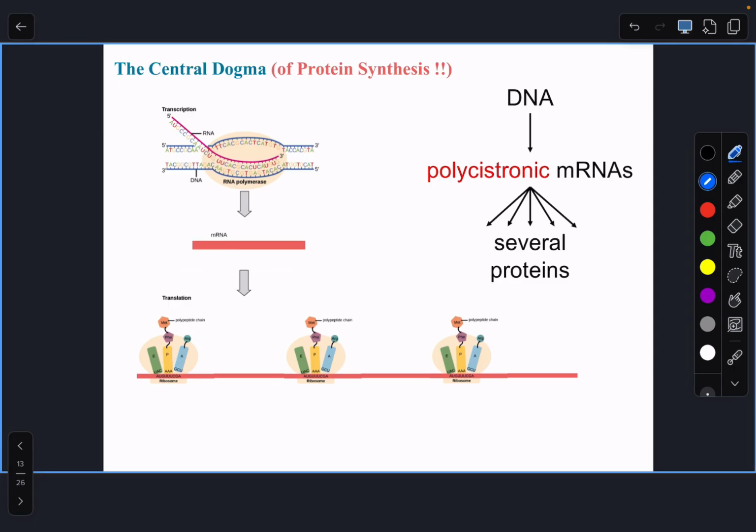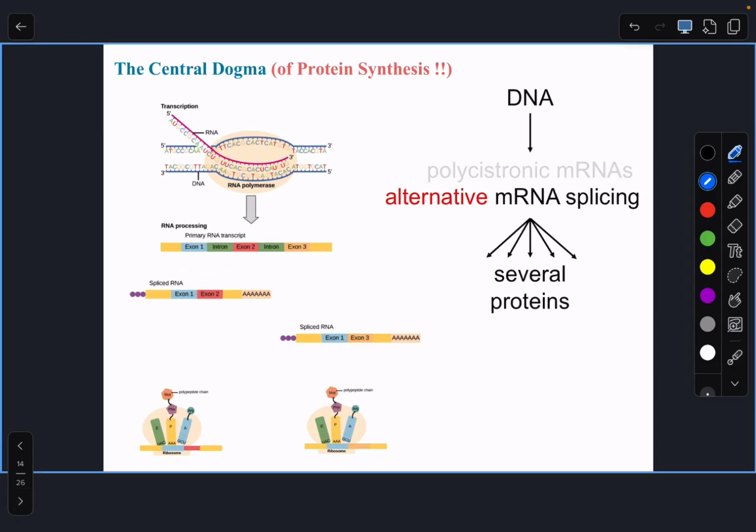Some of you may have learned about operons in bacteria and may remember your lactose operon, your tryptophan operon. And as much as you can remember this, those operons get transcribed into long polycistronic mRNAs, and they get translated into the 4, 5 proteins that are needed for that particular function. So polycistronic mRNAs give rise to several proteins, even though they come from one DNA sequence.